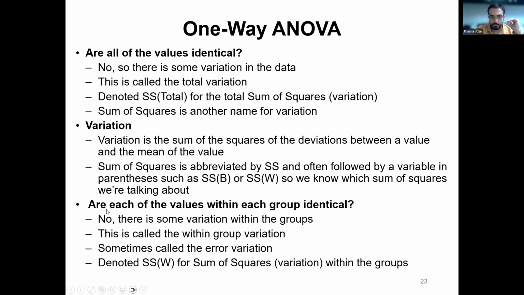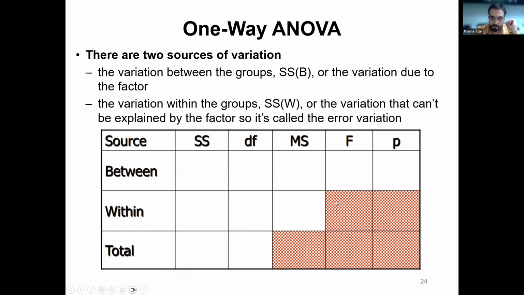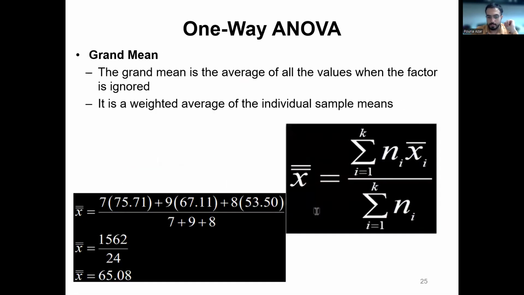So the weighted average means we are using the sample size. So let's go back to this one. For the front row, sample size is 7. And the mean for the front row is 75.71. So 7 multiplied by 75.71 plus 9 multiplied by 67.11 plus 8 multiplied by 53.50, divided by the total sample size, 7 plus 9 plus 8.